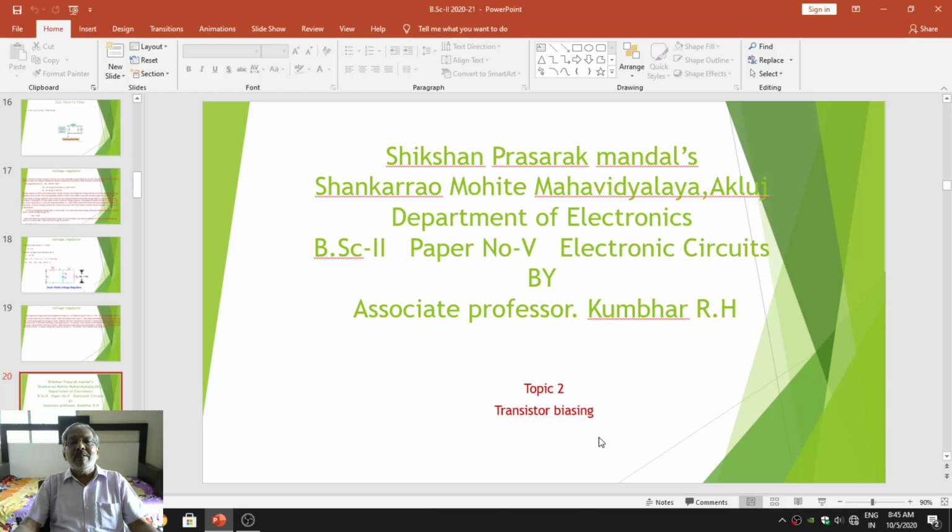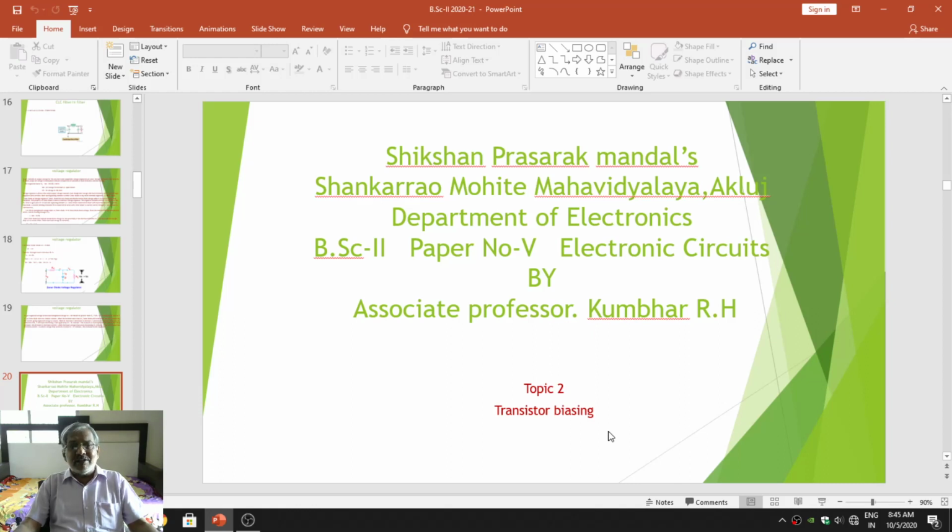Friends, in the first topic we have studied how to design the power supply, and now we are going to study how we are going to apply that power supply for the different applications, especially for the purpose of the transistor to work it as an active device.